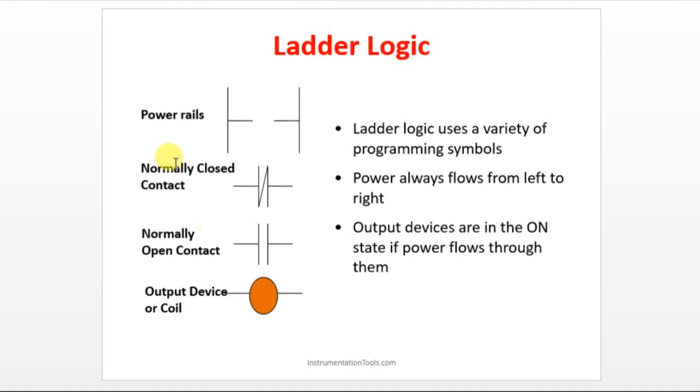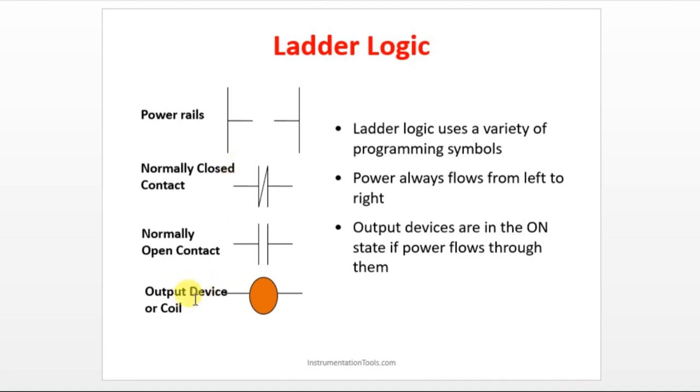And we have one more contact, which is called normally closed contact. It is just opposite to normally open contact. Normally closed contact will always allow power to flow. Imagine your fan is always in on condition. If you disturb the switch, your fan will turn off. That is normally closed contact.